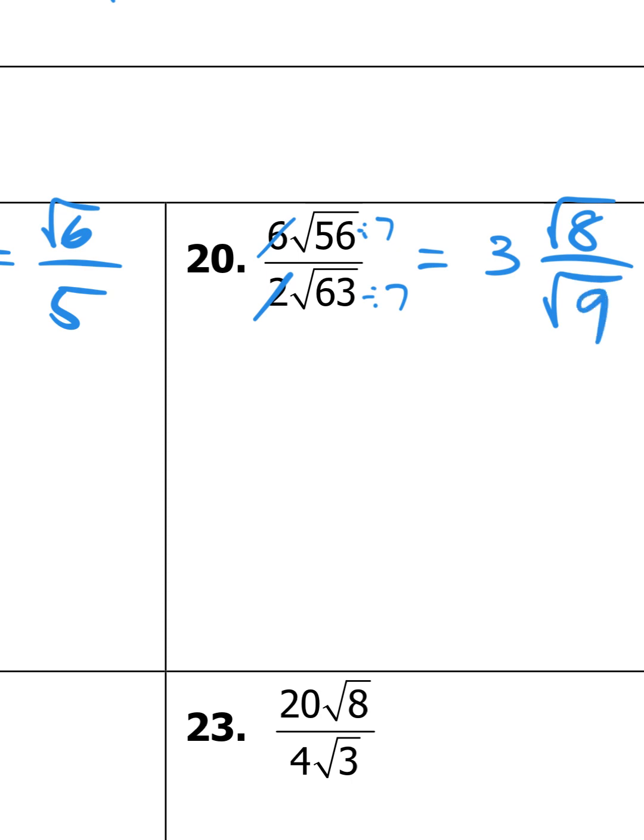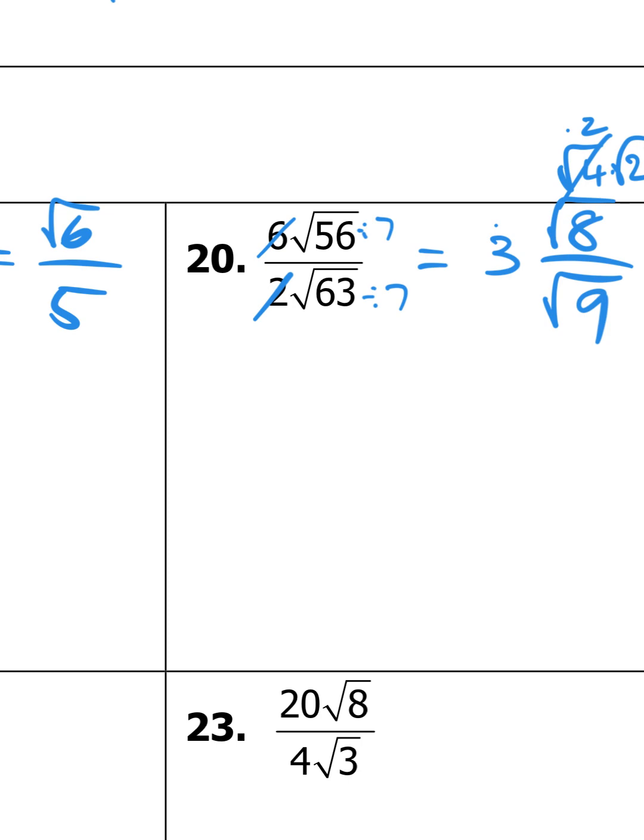Okay, so square root of 8, actually 8 is 4 times 2, correct? So 4 times 2. And then you do the square root. Square root of 4 is 2. So I have 3 times 2 is 6. I already multiplied 3, so the 3 is gone. So I have 6 square root 2.